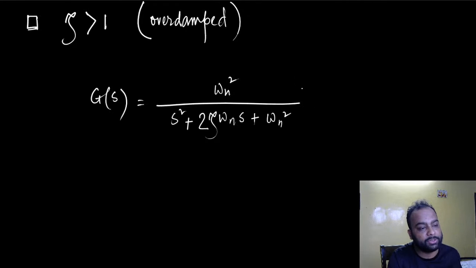Someone is asking, do we have third and higher order systems? Yes, we absolutely do, and we are going to look into those later on. We would develop a generalized methodology to analyze them.